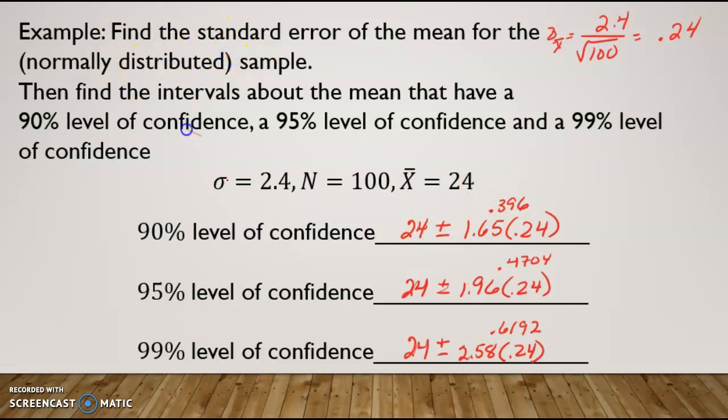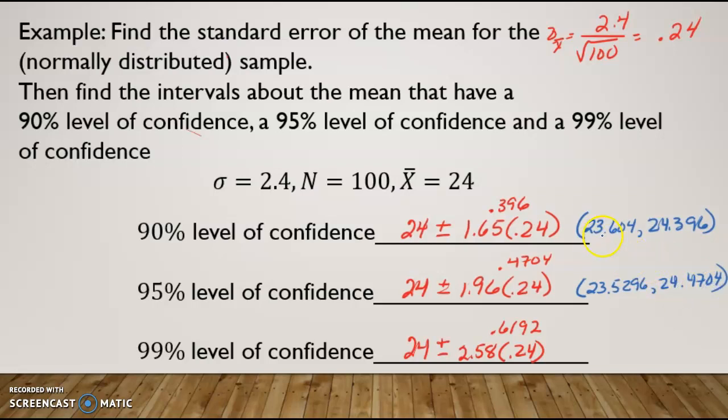And what I end up getting then is the interval from 23.604 up to 24.396. Okay. The next interval I get is from 23.5296 up to 24.4704.